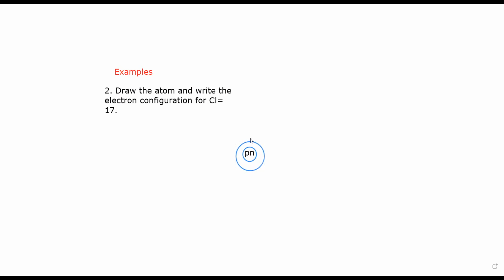First shell holds a maximum of 2 electrons. You still have 15 to go. Move on to your second shell. You have to fill one shell in order to go into the next one. Second shell holds a maximum of 8 electrons. We go 1, 2, 3, 4, 5, 6, 7, 8.